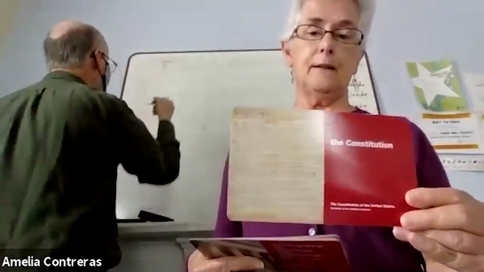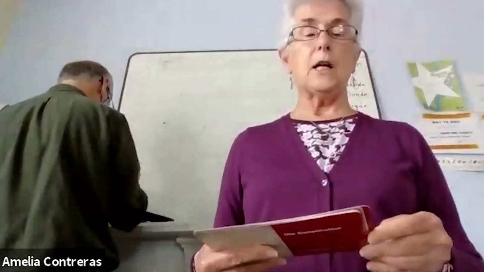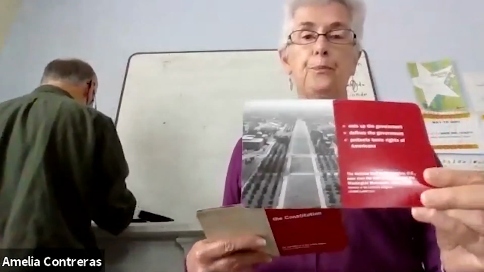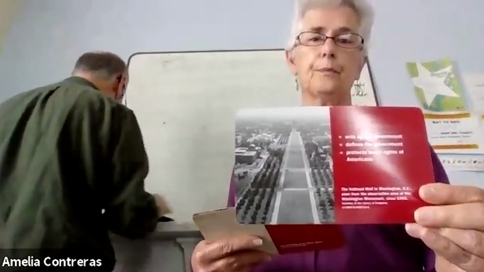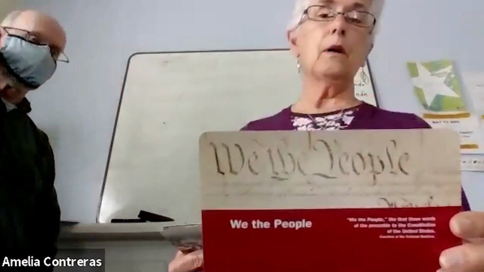The Constitution. What does the Constitution do? Set up the government, defines the government, protects the rights of Americans. The idea of self-government is in the first three words of the Constitution. What are these words? We the people.